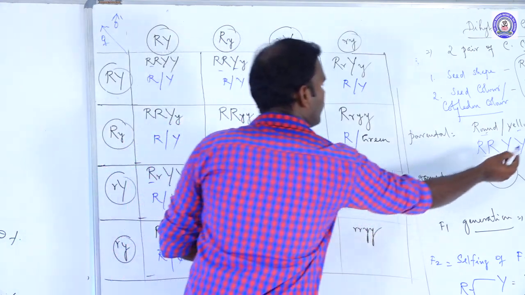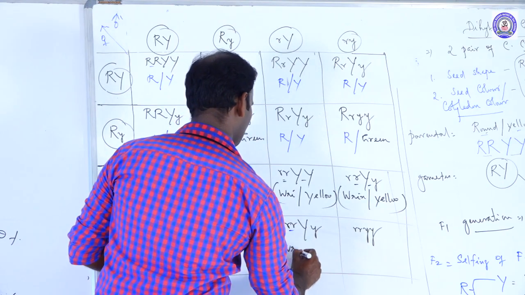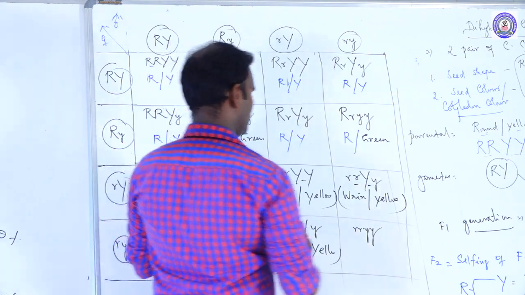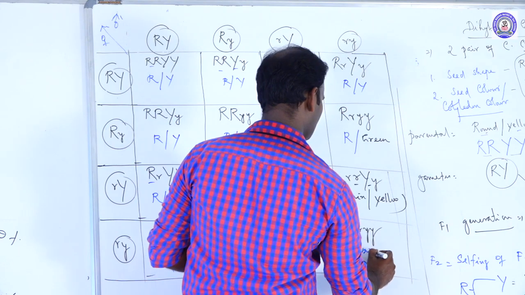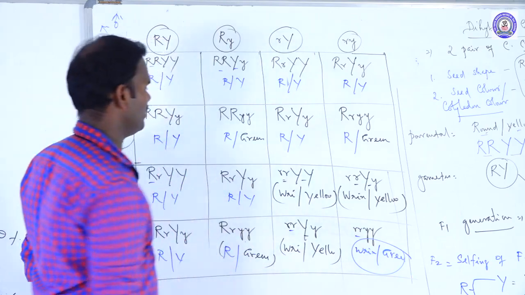Then smaller, wrinkled, capital Y, yellow. Both are recessive characters, wrinkled and green. So these are the parental combinations.